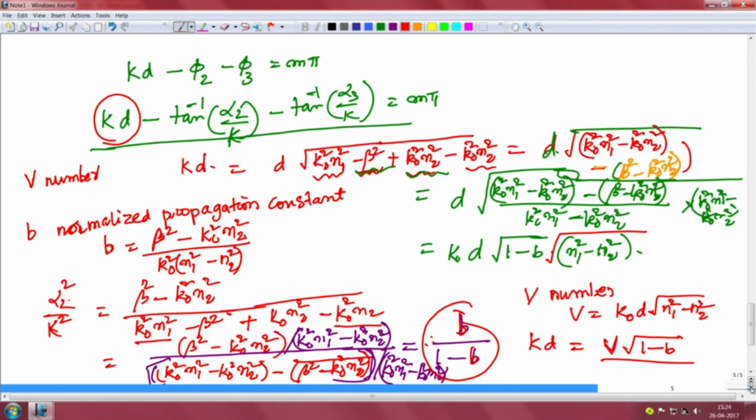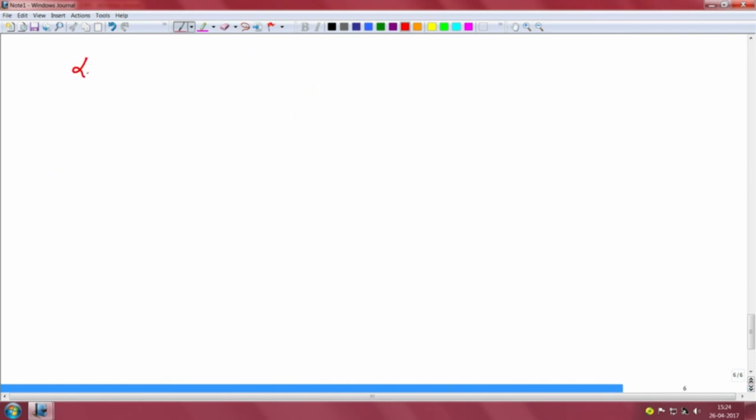Similarly, look at alpha 3 by k. We can now quickly write by the definition of alpha 3, beta square minus k0 square n3 square divided by k0 square n1 square minus beta square, not beta 1. So, once again like what we did earlier, we can manipulate this and get alpha 3 square by k square in terms of small b.